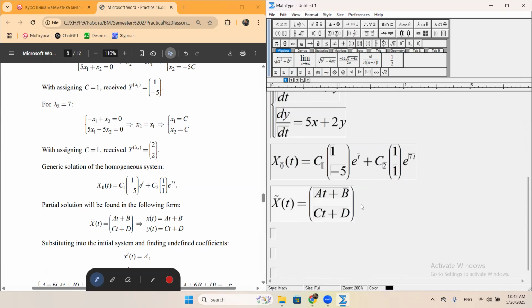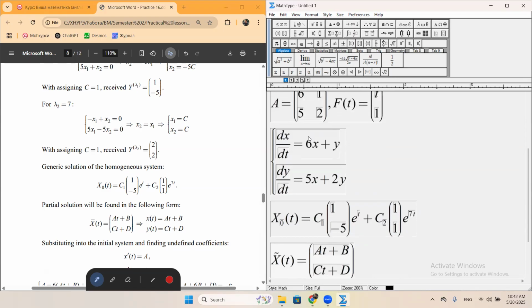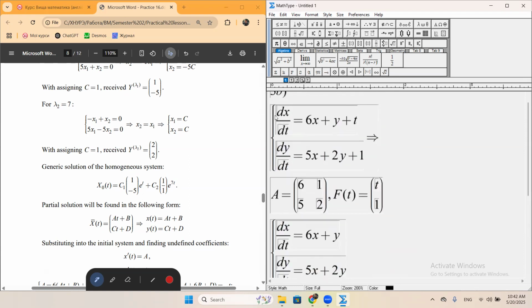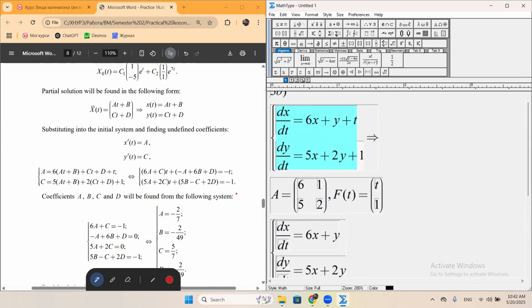So how to find it? So how to find the coefficients? We will substitute them into the initial system of equations.